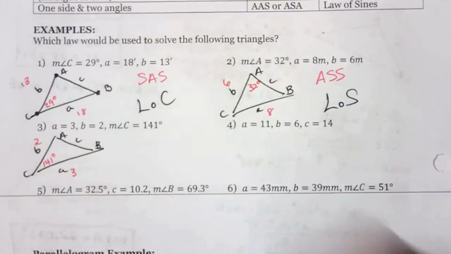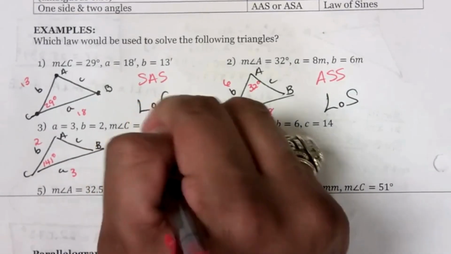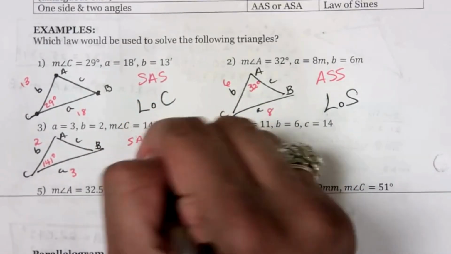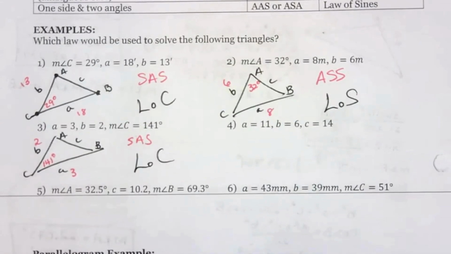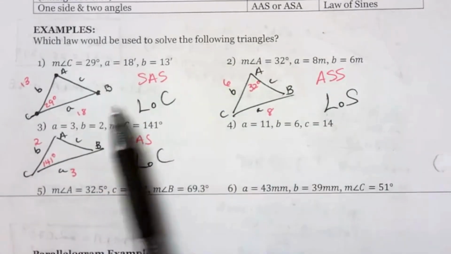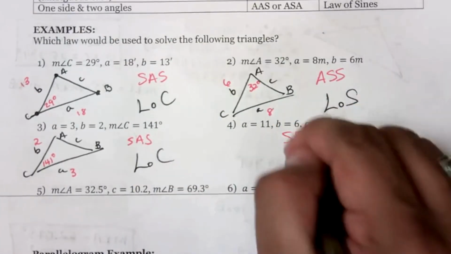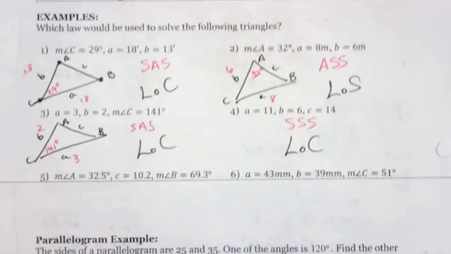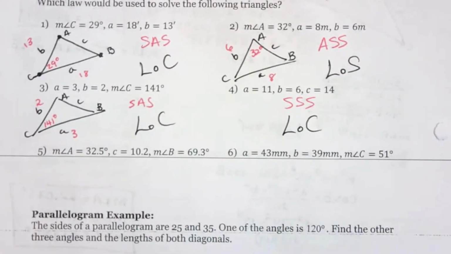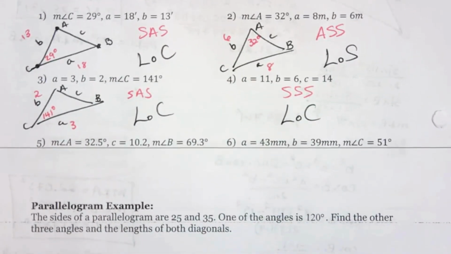So this is side angle side. So it's law of cosines. Well, here you can already see that there's not even an angle. This is side, side, side. So it has to be law of cosines. You have to have at least one angle to have law of sines.